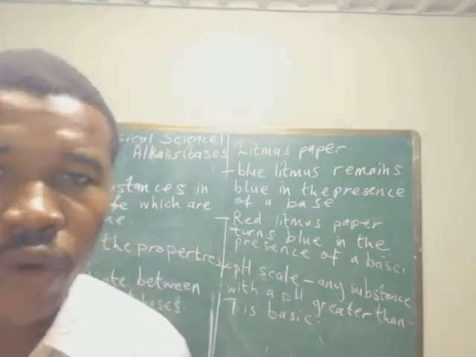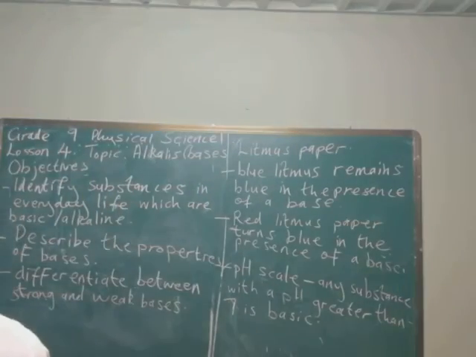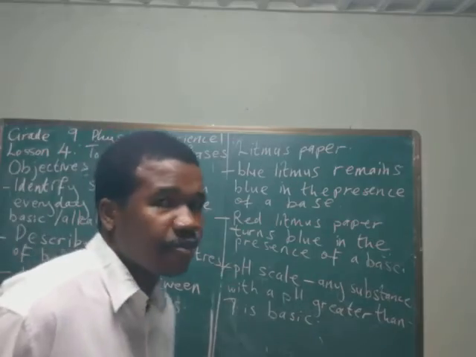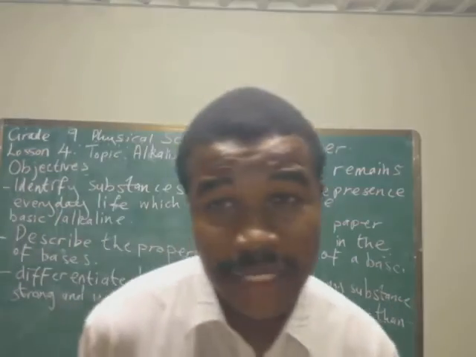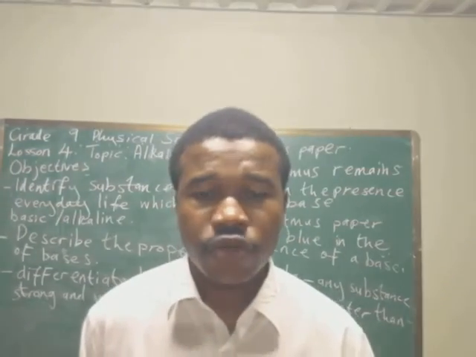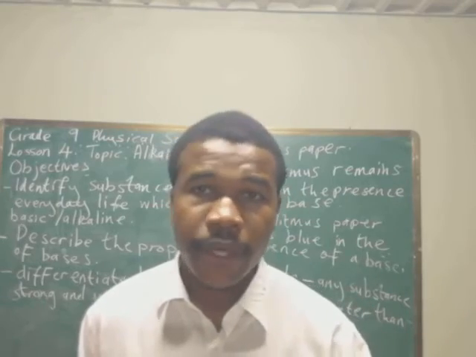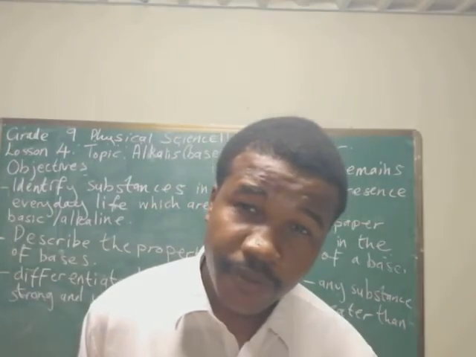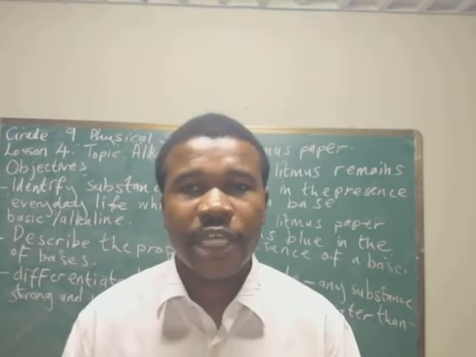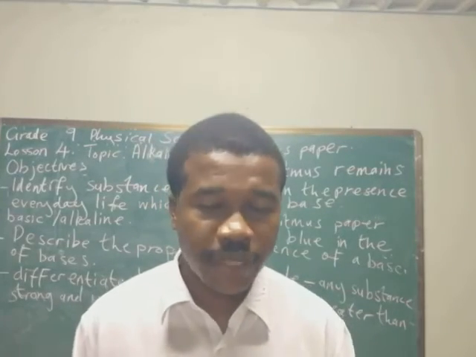Then we also wrote about the pH scale: any substance with a pH greater than 7. If you take your pH paper and dip it into the substance, the pH paper then gets different colors. Please recall this.